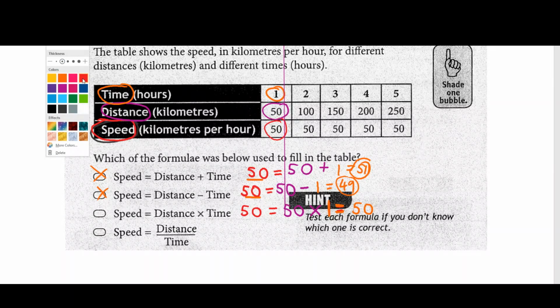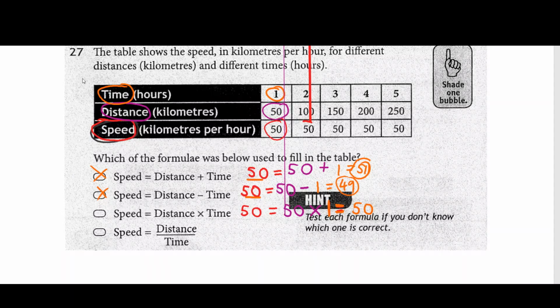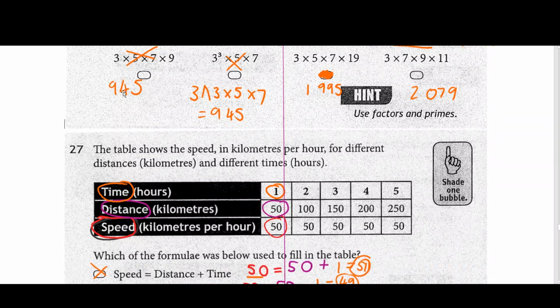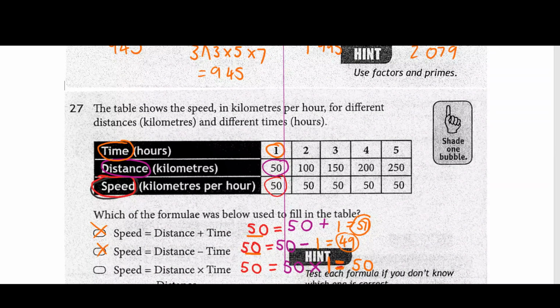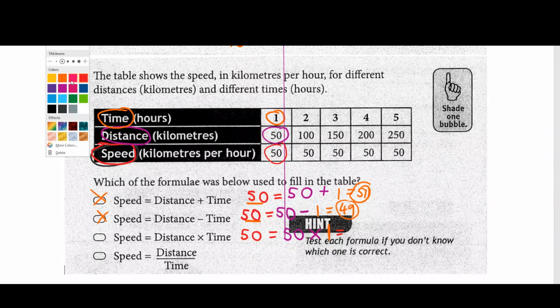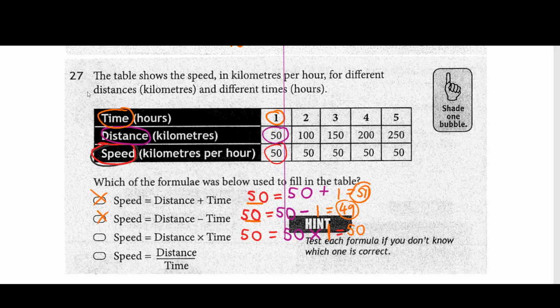All right, so now we've done 50. Let's do it with this next one, which is time 2, distance 100, speed 50.